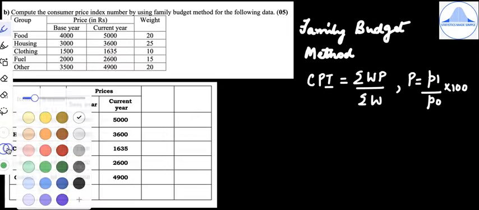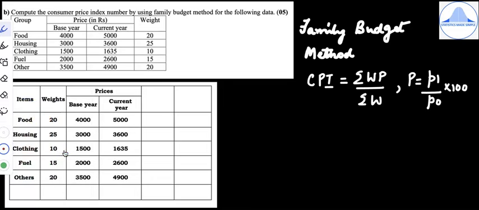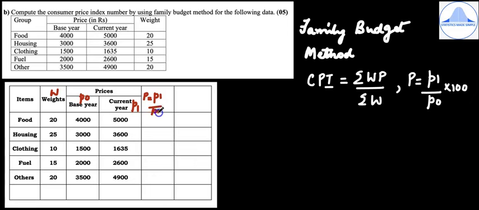Now let us go back to the table and do the calculations. So first let us mark the weights as W. The prices in the base year you mark it as P0, and the prices in the current year you will mark it as P1. So the first step is to find out P, which is P1 divided by P0 into 100.